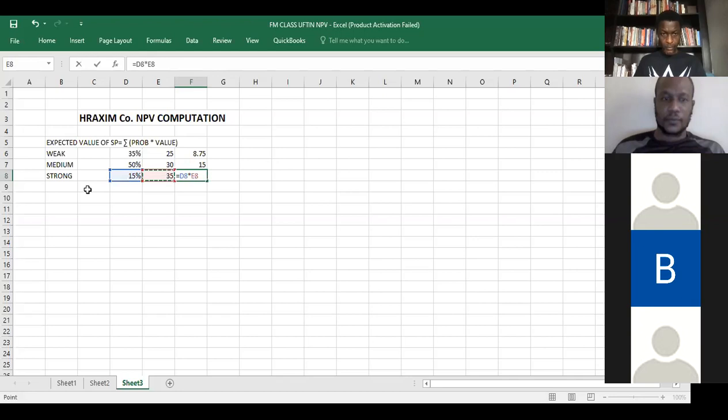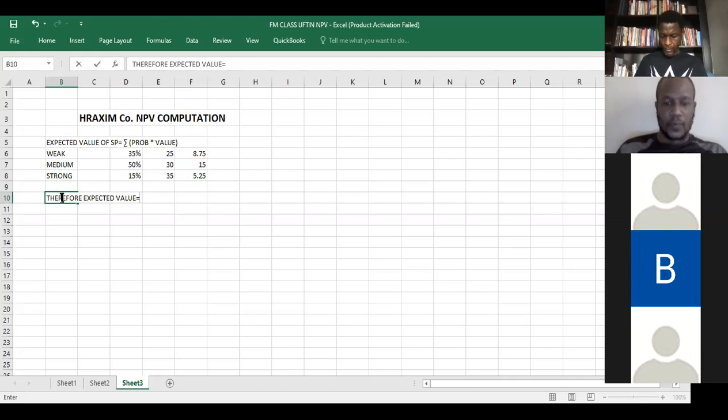Okay, so we can come here and say that our expected value is equal to the summation of all of them. So our expected value is $29, right?